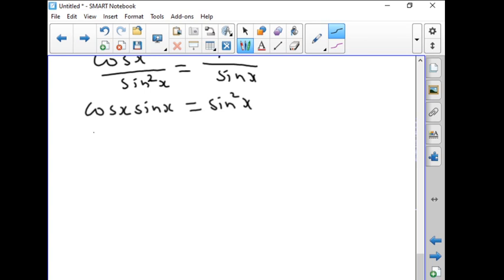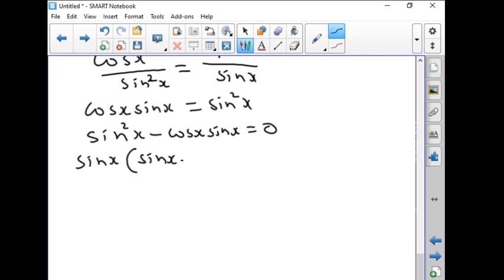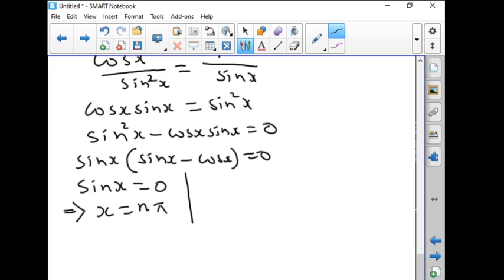So now this can also be written as sin square x minus cos x sin x is equal to 0. Take sin x out. Sin x into sin x minus cos x is equal to 0. So from this we get sin x is equal to 0. So when sin x is equal to 0, x is equal to n pi.